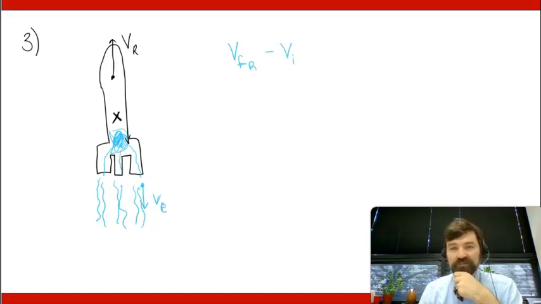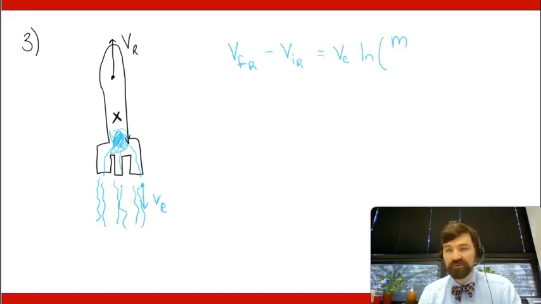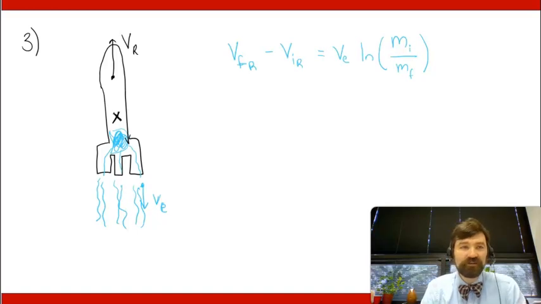minus initial speed of rocket plus whatever fuel happens to be on board of it, is equal to the exhaust speed times the natural log of the mass of the rocket and fuel initially, so initial divided by the mass of the rocket and fuel finally.